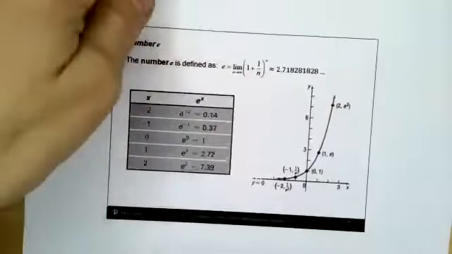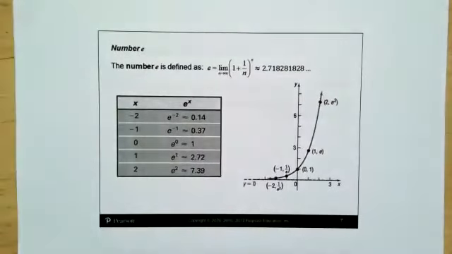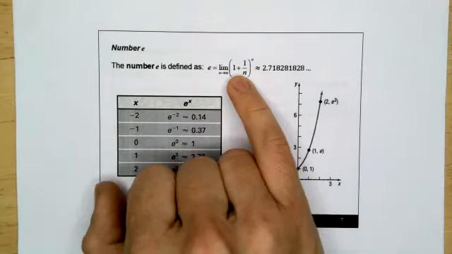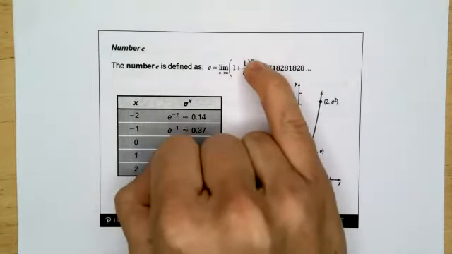The number e. The number e is defined as the limit as n approaches infinity of 1 plus 1 over n, but raised to the power of n.